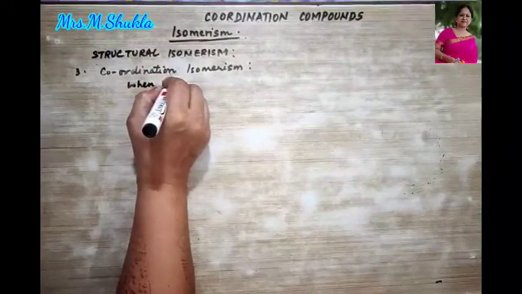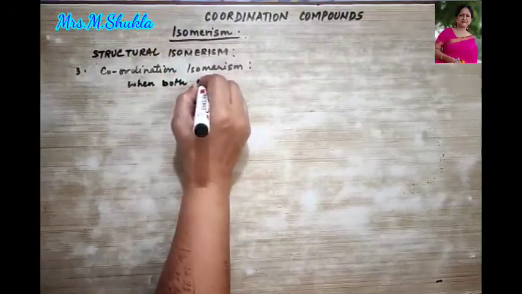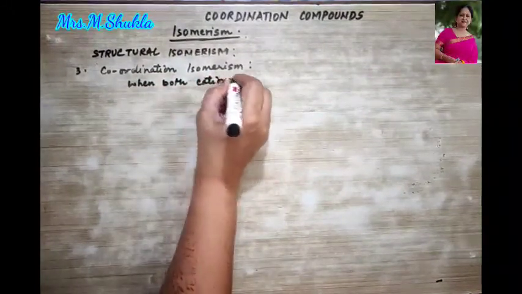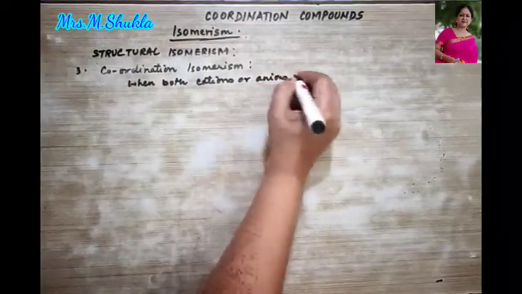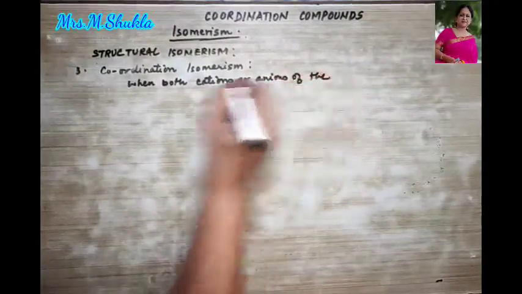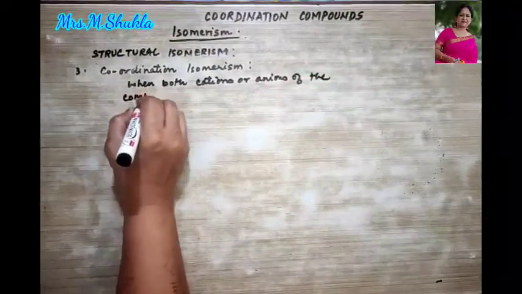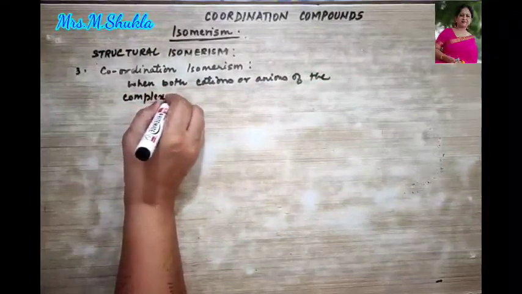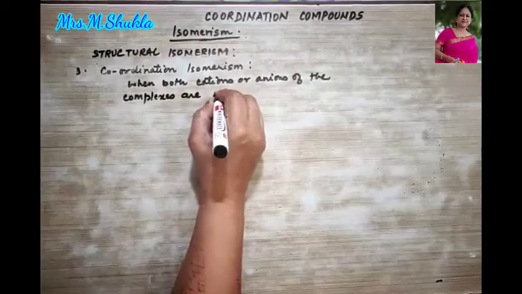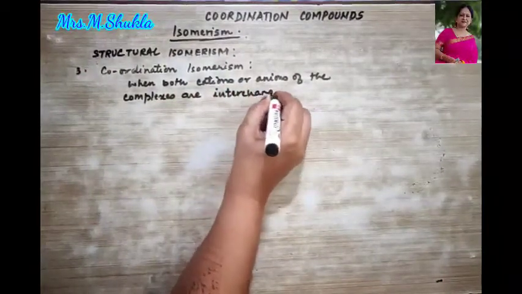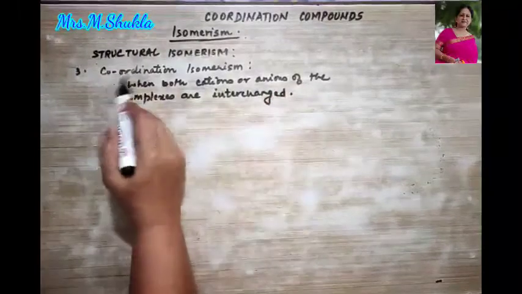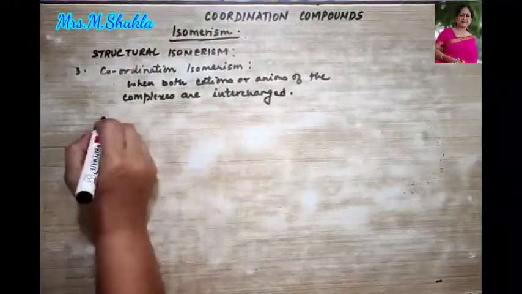When both cations or anions of the complexes are interchanged, correct? Then they form coordination isomerism.